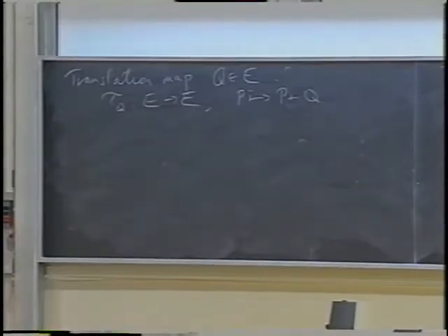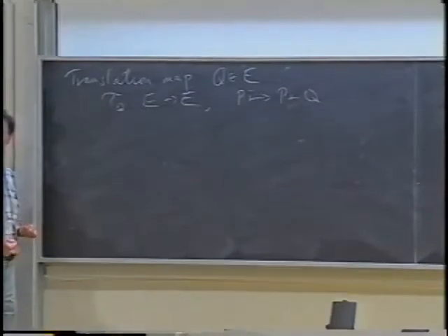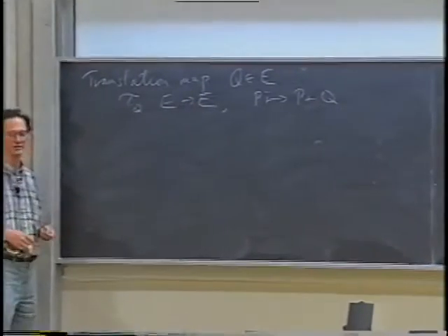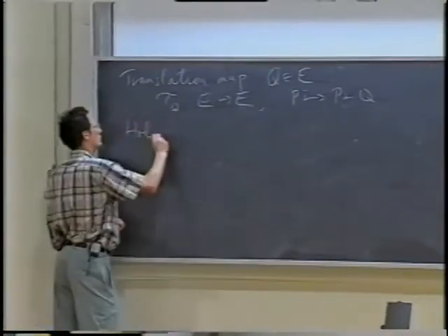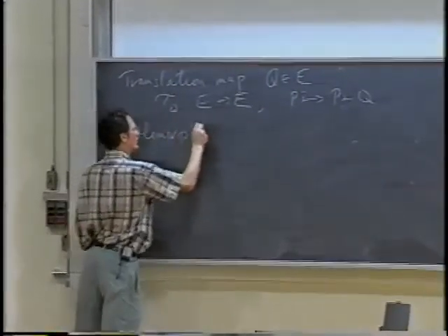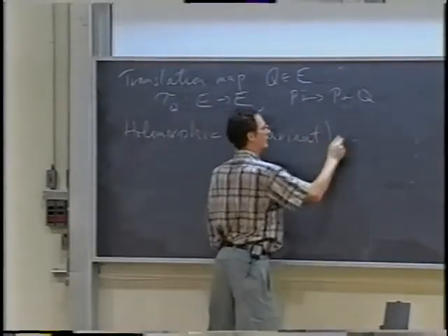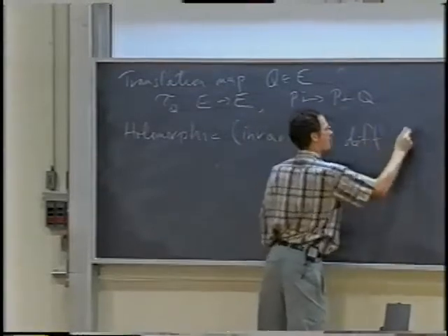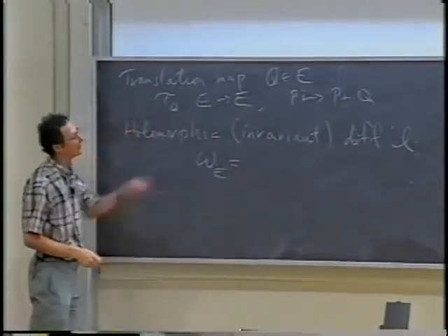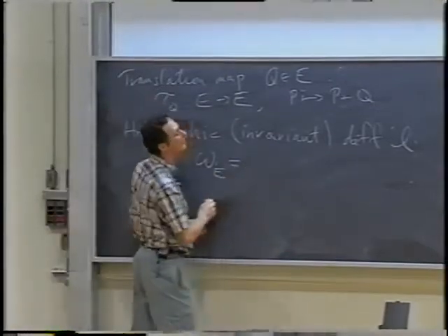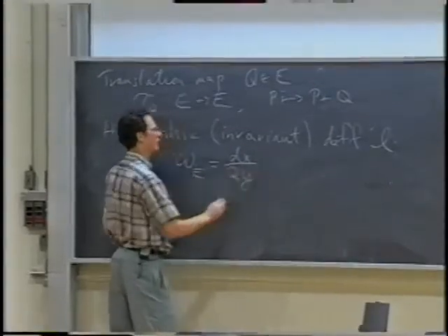Now, on any curve of genus 1, the Riemann-Roch theorem will tell you that, up to a constant, there's exactly one holomorphic differential, which people usually call the invariant differential, omega sub E. For the Weierstrass equation, it is just dx over 2y.